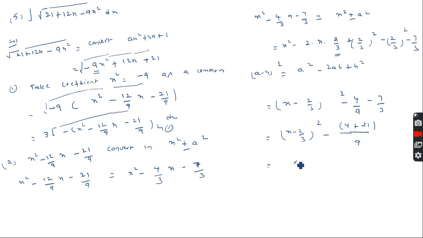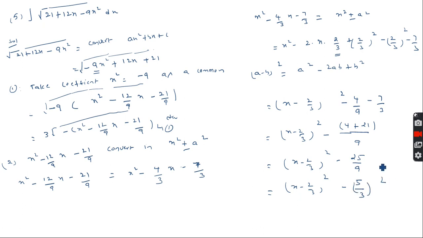So we get x minus 2 by 3 whole square minus 21 plus 4, that is 25 by 9. And 25 by 9 can be written in terms of a square. How? That is 5 by 3 whole square.